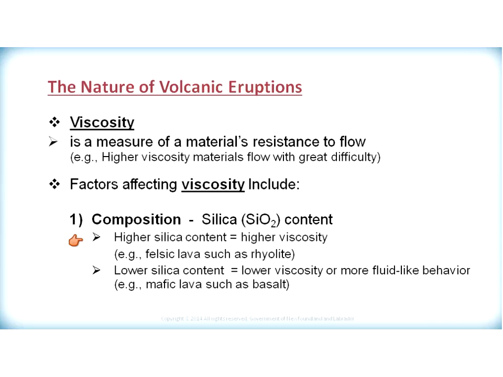For example, felsic lavas, such as rhyolites, would have a high viscosity because they have a higher silica content. Lower silica content would equal lower viscosity or more fluid-like behavior. Mafic magmas and lavas, such as basalt, would have a low silica content and therefore would be less viscous.